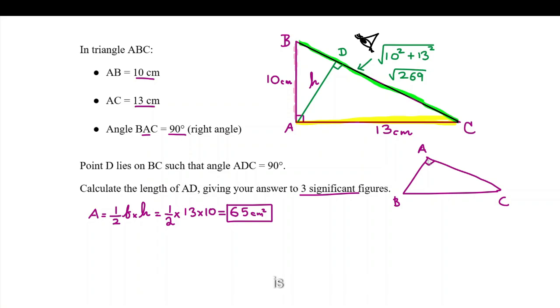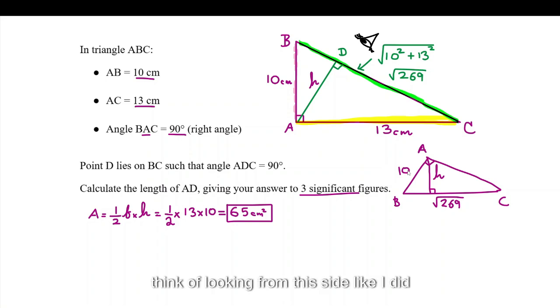BC is root 269, AB is 10, AC is 13. It's the same thing. I mean, you can just think of looking from this side like I did with the eye, or if it helps, I think it will be clearer for most students with the second diagram.